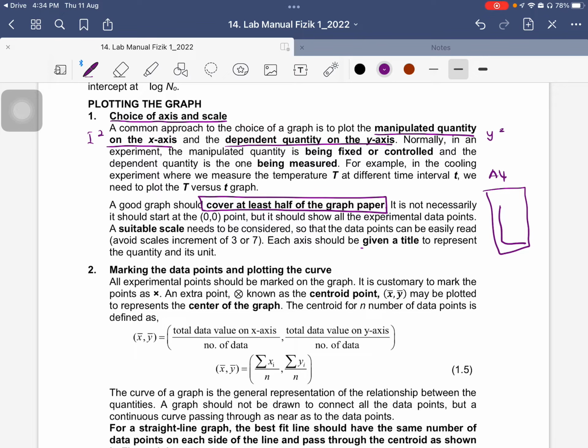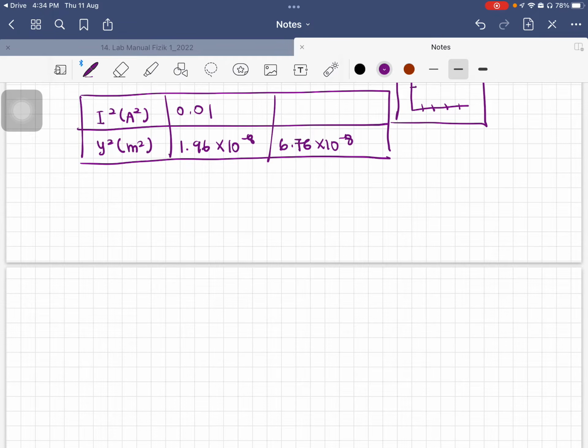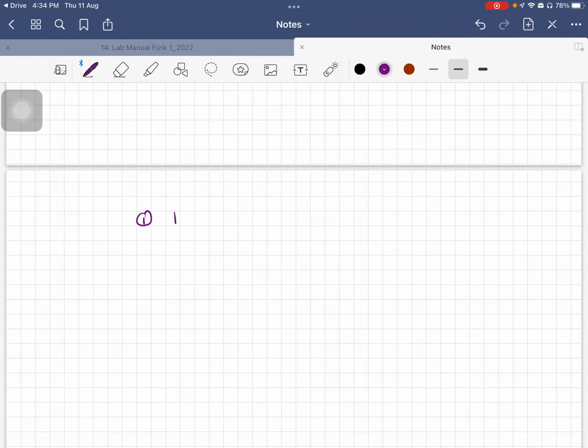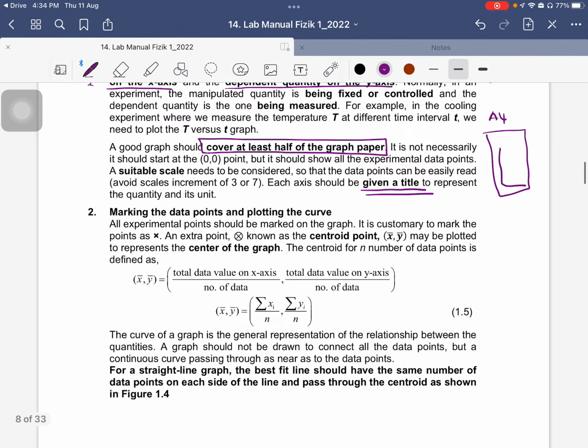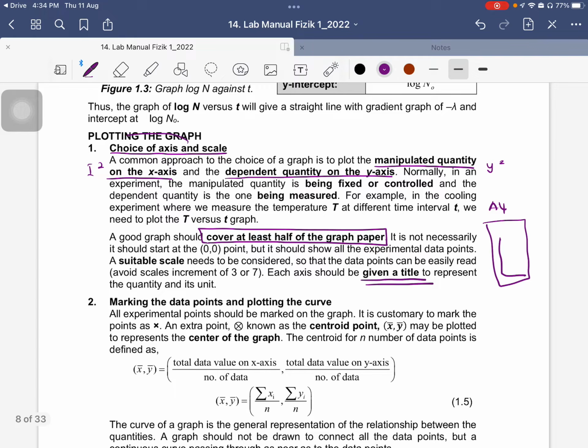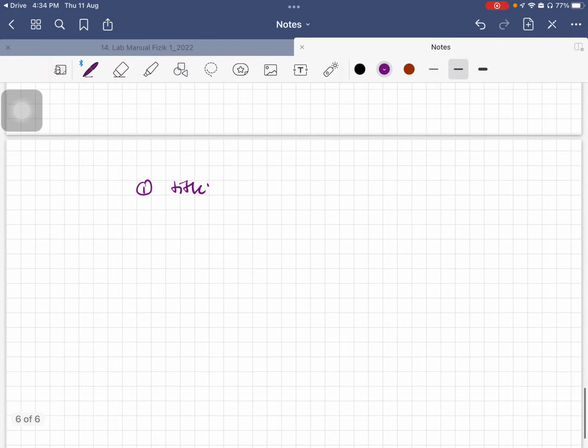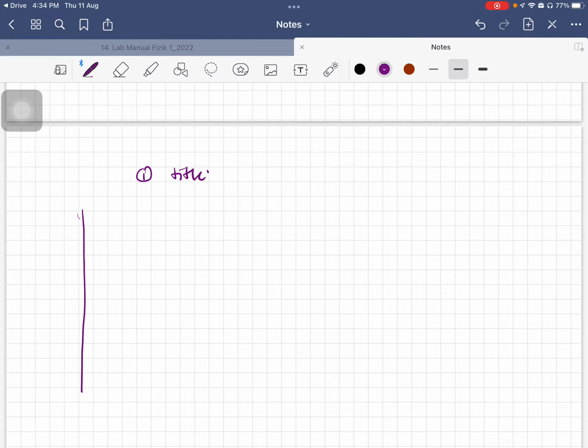And then of course you need to give a title. I gave you one before; you need to have a title. Find your own title. And then choose the axis and scale. We have already chosen your y-axis as y square, in meter square, and your x-axis as I square, which has the unit ampere square.